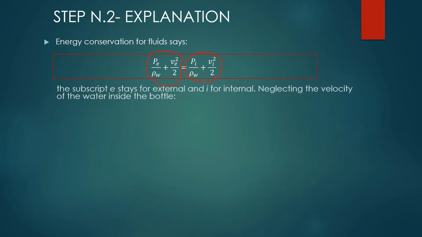Inside the bottle, the velocity is negligible and the pressure is equal to the air pressure. Outside the bottle, the pressure is atmospheric and the velocity is the exhaust speed we used in the formula of the thrust. Finally, we use equation 3 to get the exhaust speed, VE.